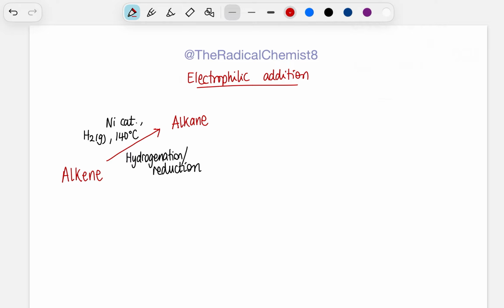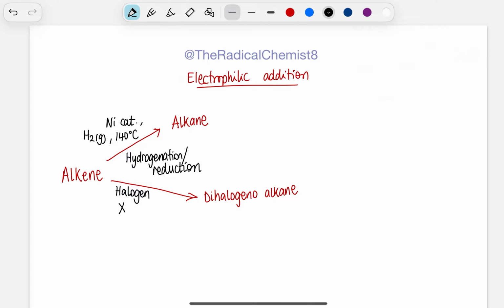Next, you need to also know how to go from an alkene to a dihalogen alkane. So for this, you need to add the halogen in aqueous solution. So X2 for the halogen at room temperature.